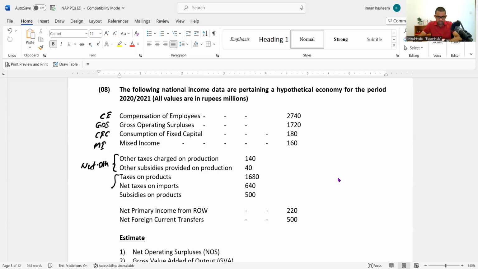So here you might be able to come up with the value of net tax on products. You might be able to take import separately, or you can take it together, because import taxes are also tax on products, right? We have learned these things. Then net primary income from rest of the world. So you are given NPI, and net foreign currency transfers, NFCT, is given, right? So the information is now understood, identified.